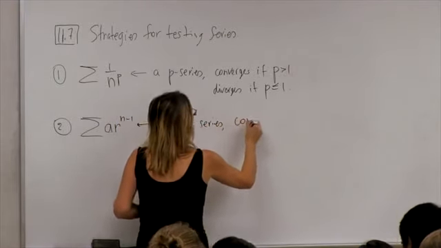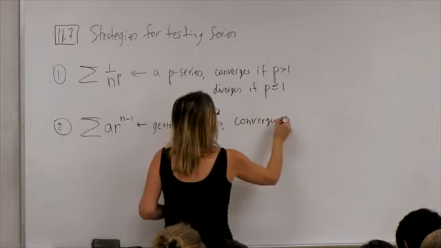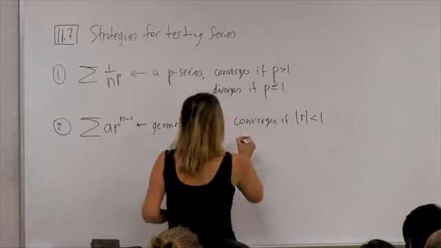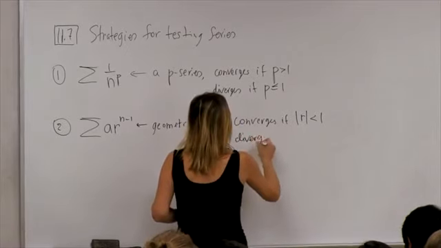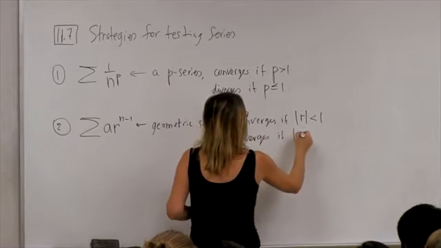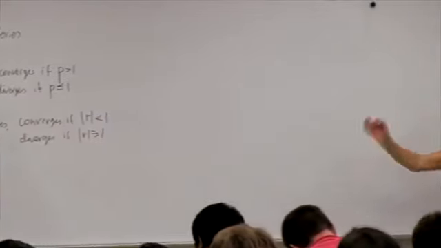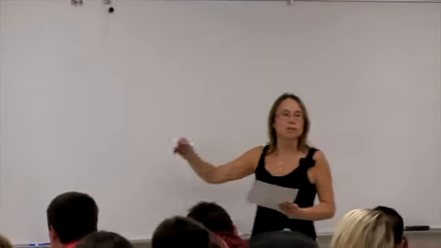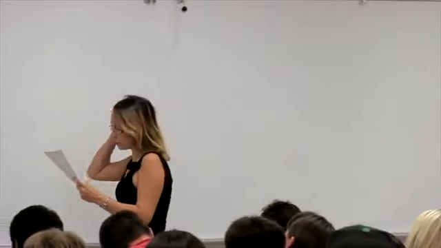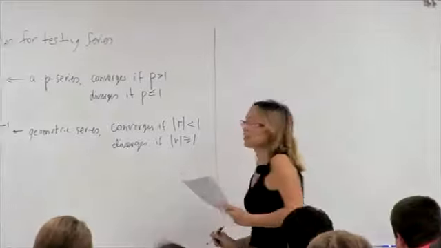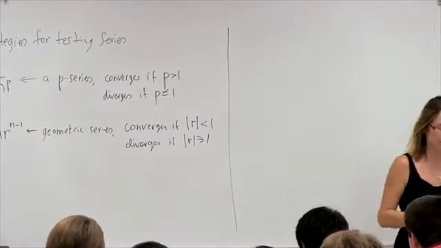And it converges if the absolute value of r is less than 1 and diverges if the absolute value of r is greater than or equal to 1. Okay. These two are your staple series that you should know everything about.